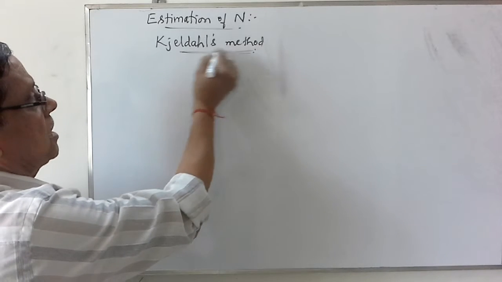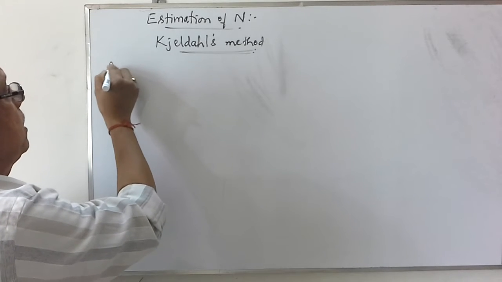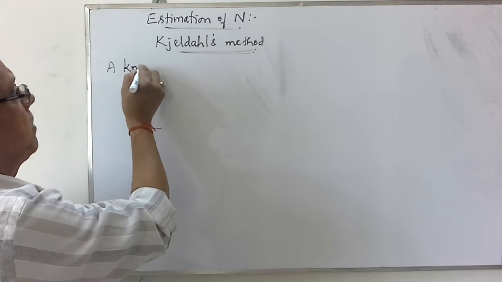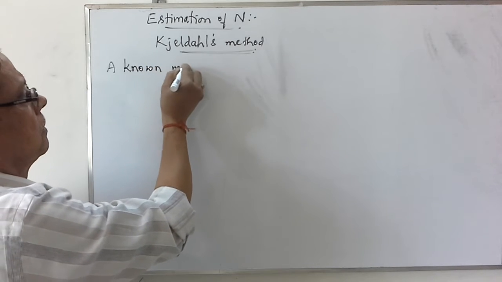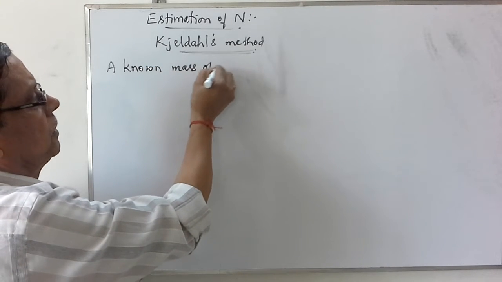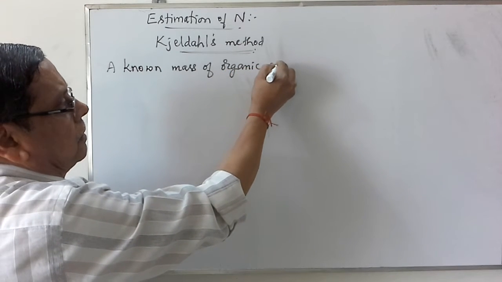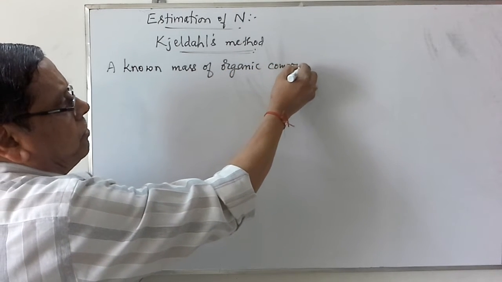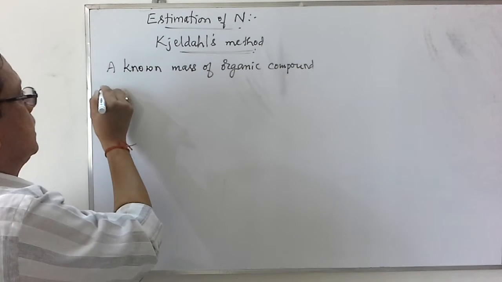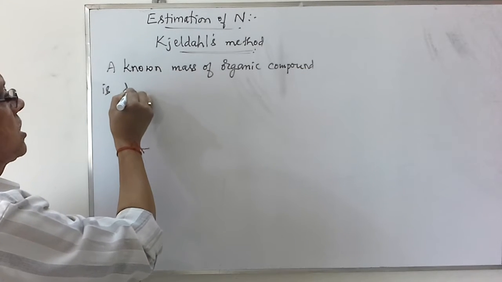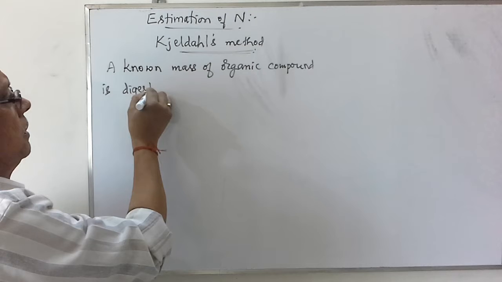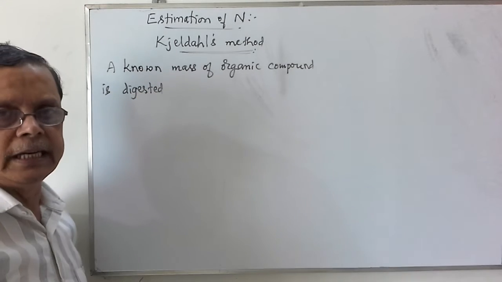Now in this Kjeldahl's method, the principle is a known mass of organic compound is digested. Remember this word digested.